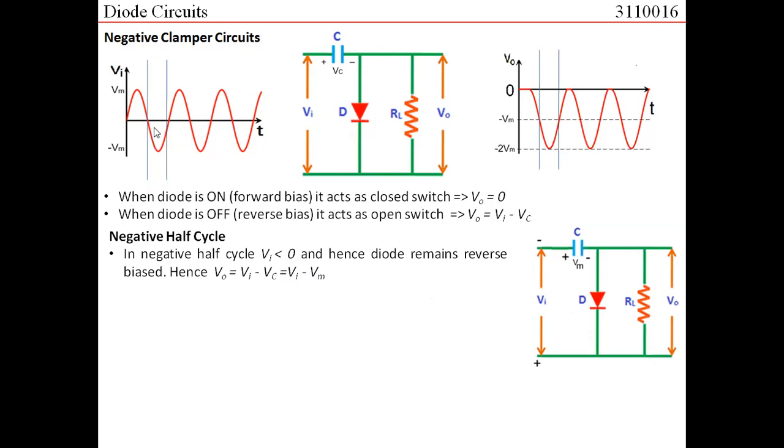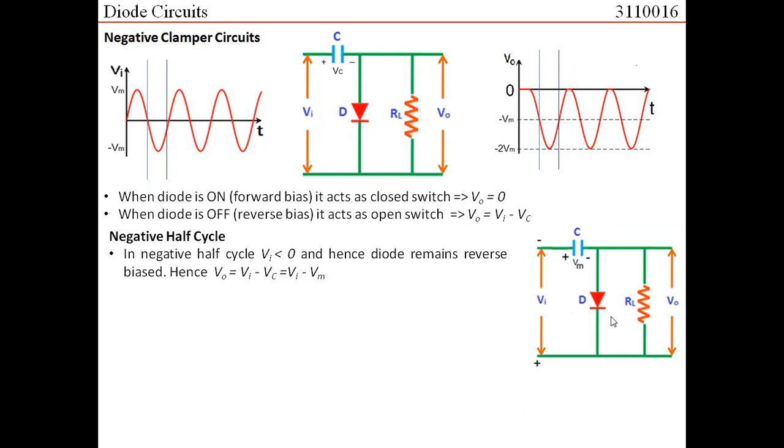If we try to see the negative half cycle, the part of the input waveform between these two lines, then this is the waveform that I would get. When the input voltage is 0, 0 minus Vm, I would get it equal to minus Vm. When the input voltage is minus Vm, minus Vm minus Vm would give you minus 2Vm. Again, when the input voltage becomes equal to 0, 0 minus Vm would give you minus Vm.